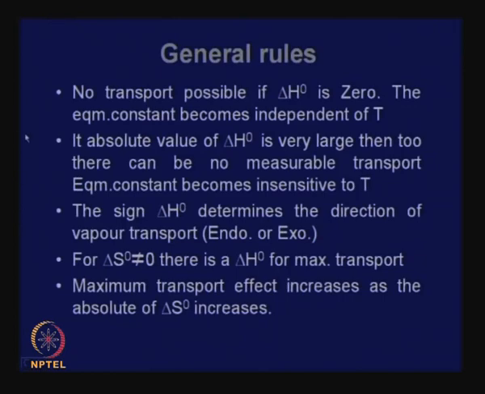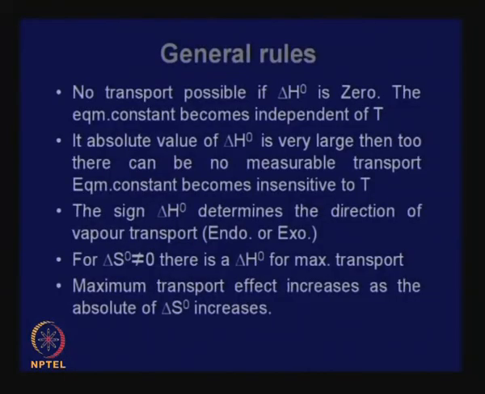The first is that no transport is possible if the delta G naught value is 0 or very small. If the enthalpy change for the reaction of formation of the intermediate gas phase is very small, then the process becomes insensitive. You cannot gasify the crude metal at one temperature and decompose it in another, because the equilibrium constant becomes independent of T. Again, if the absolute value of delta G naught is very large, then too there can be no measurable transport.